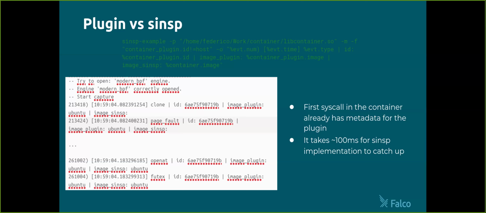What I saw is that when I created a Docker container on my system, at the very first syscall, which is a clone exit here, we already had the image from the plugin, so the plugin already had metadata available, while libsinsp took around 100 milliseconds more to fetch metadata. Here we can see it.